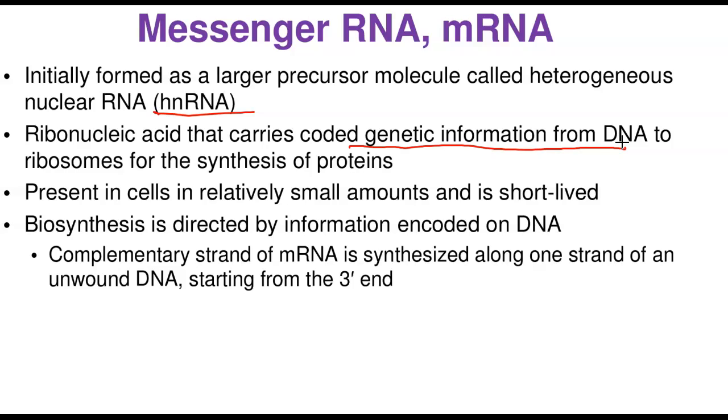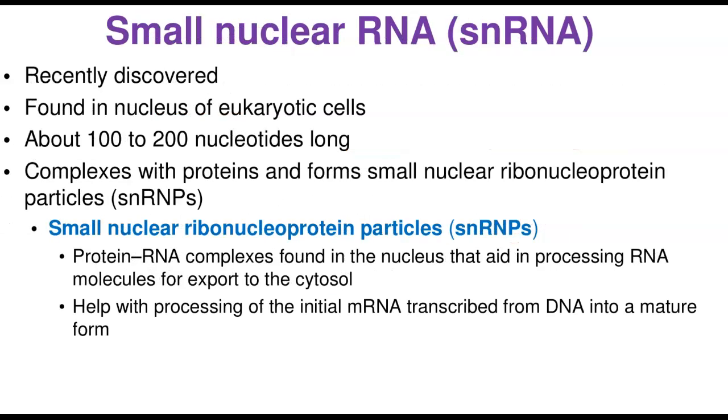It is present in cells in relatively small amounts, and it is very short-lived. The biosynthesis is directed by the information that is encoded by what? The DNA. So the complementary strand of the messenger RNA is synthesized along one strand of an unwound DNA, starting from the 3' end. And actually that is the function of the messenger RNA. It's one of those you have to know, the important function.